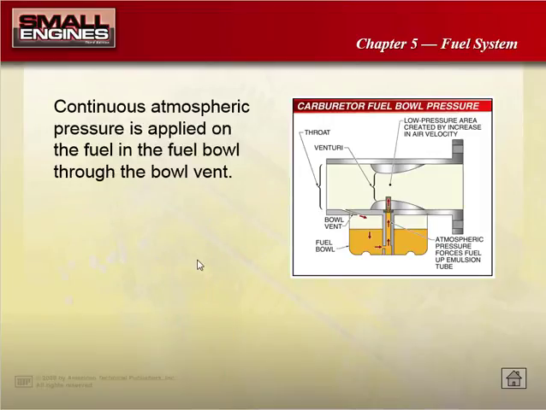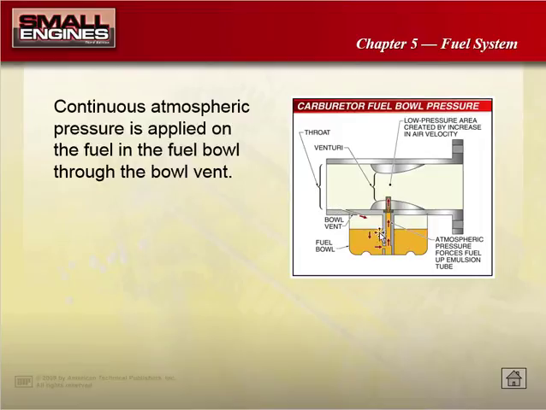The next thing we have is the fuel bowl and the bowl vent and our emulsion tube. So in our fuel bowl, this is the bottom of our carburetor. We have a bowl vent out here that actually allows this 14.7 psi, that pressure, atmospheric pressure, to be sucked into this bowl vent.